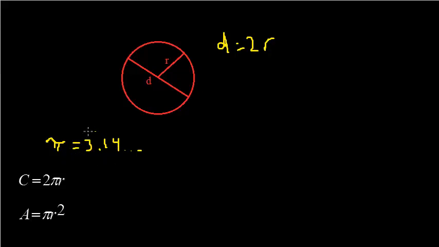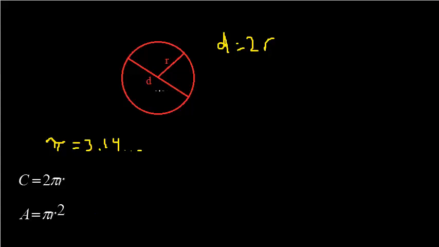We just approximate it to be about 3.14 for our calculations. So 2 times pi times the radius will give us the distance around the circle, and the area of the circle is pi times the radius squared. Those are our formulas for a circle.